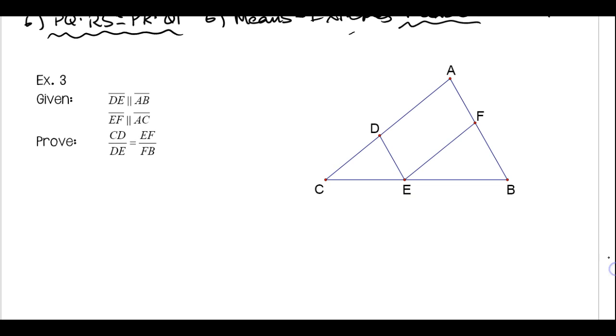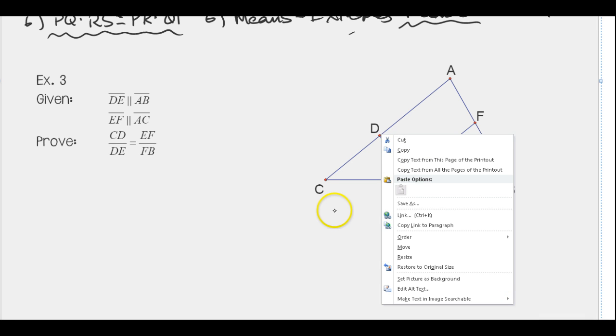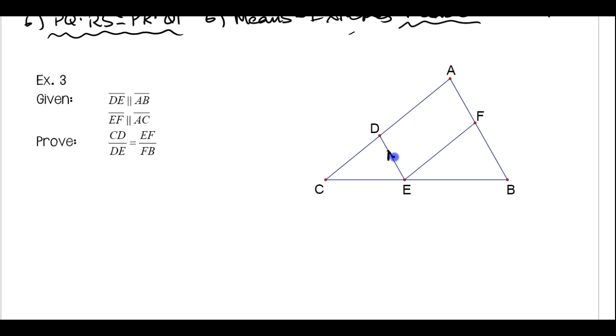So we're given that DE is parallel to AB, and I'm given that EF is parallel to AC.